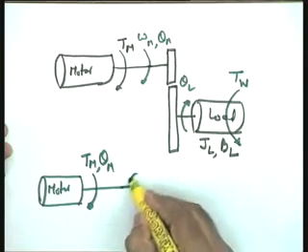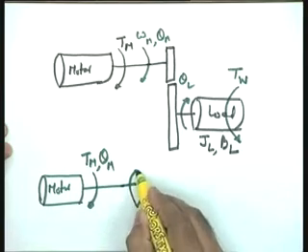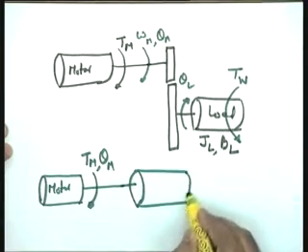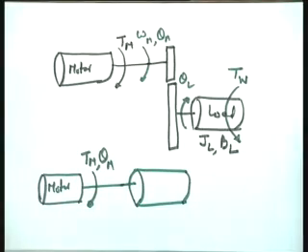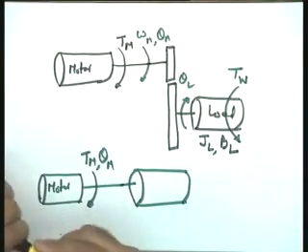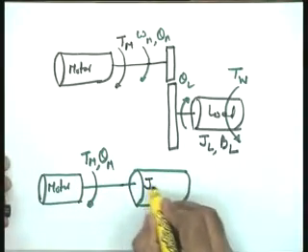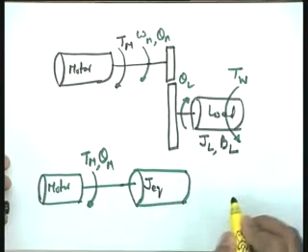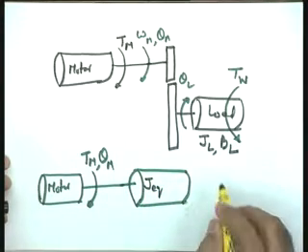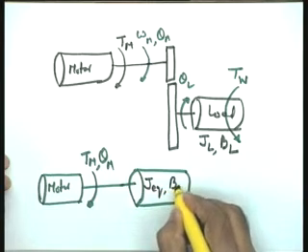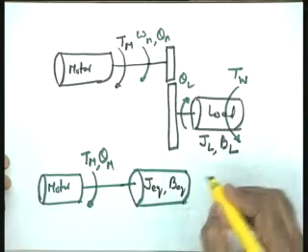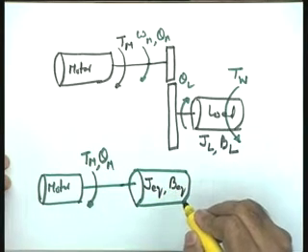You can equivalently couple a load directly to the motor instead of showing it through the gear train. I take this as the direct load. Now, what are the parameters of this direct load? Recall our derivation. I call J equivalent the equivalent inertia on the motor shaft, and B equivalent the equivalent frictional coefficient on the motor shaft.